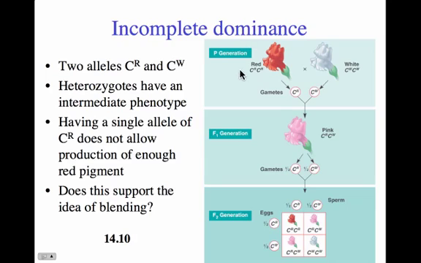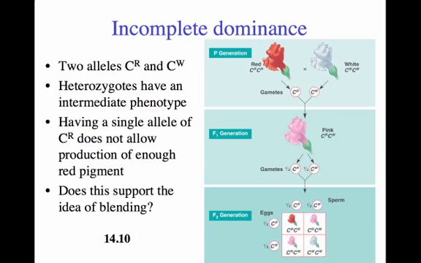So in this example, there are two alleles, CR and CW, and here is a snapdragon plant. So this is the homozygous plant having the CR allele, and you can see it's fully red, and it's crossed to a plant that's homozygous for the CW, white, allele. In the F1 generation, the heterozygotes are pink. So what this tells you is that possession of the CR allele is not fully dominant, and the plants appear pink.